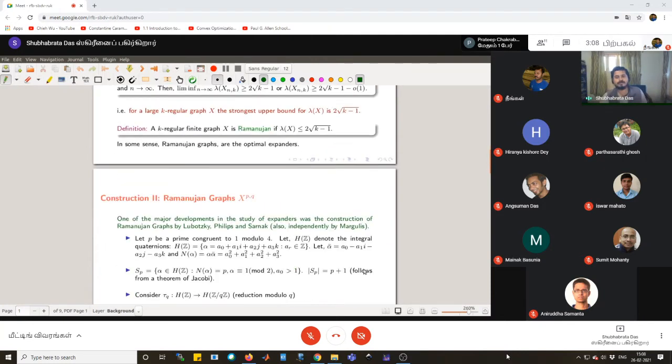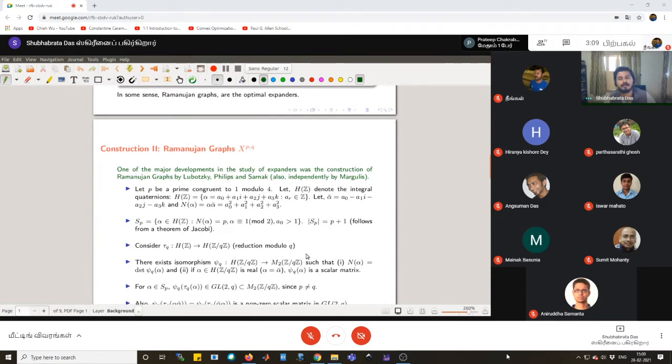Okay, so now I will try to talk about the explicit construction of Ramanujan graphs that was given first by Lubotzky, Phillips, and Sarnak, and this was, I guess, in the 80s, and it was also constructed by Margulis independently, probably a little later.